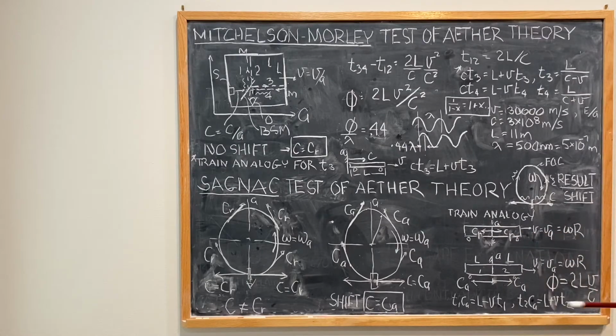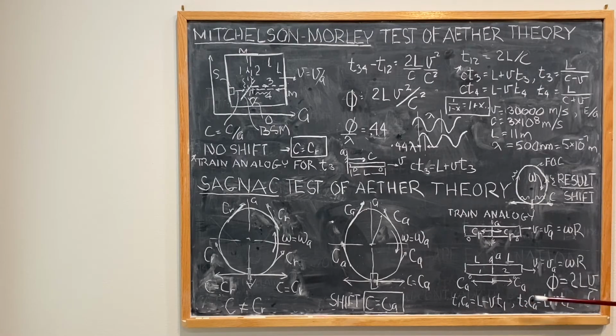On the other hand, if you assume that the source is external to the train, or c is c absolute, and the train is moving at a velocity of v, then the simple standard formula is T1CA is L minus VT1, T2CA is L plus VT2.